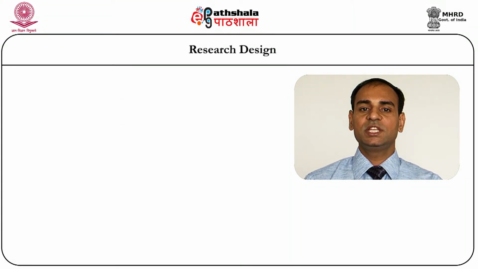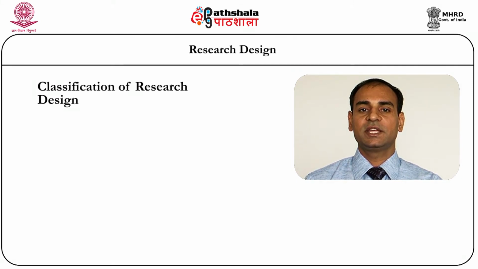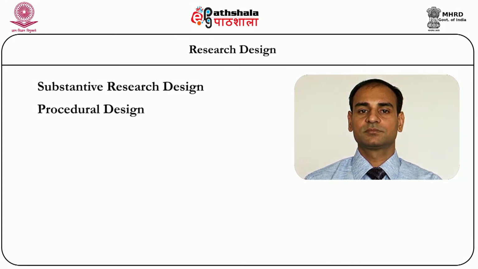On these bases, objectives and purposes of research can be classified in two categories. One is substantive design and the other is procedural design. In every research, this research design is formulated in two stages. First is the substantive part and second is the procedural part. In designing, the substantive part comes first.